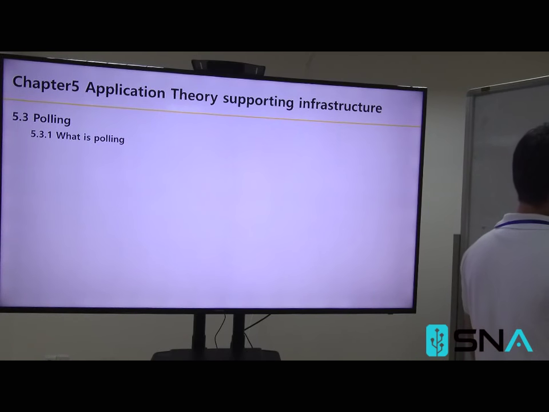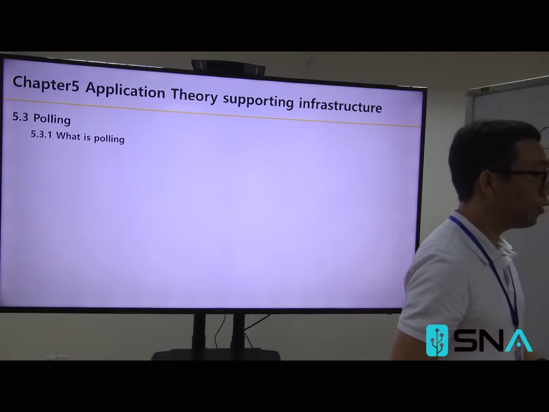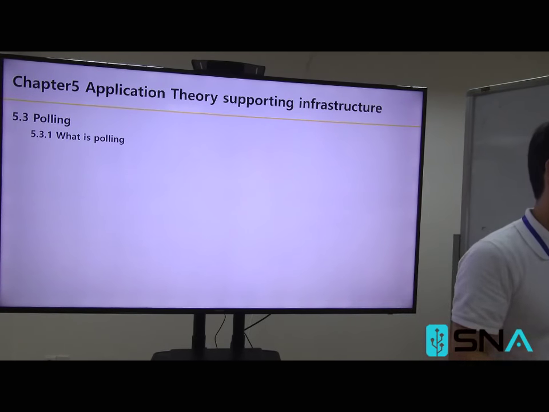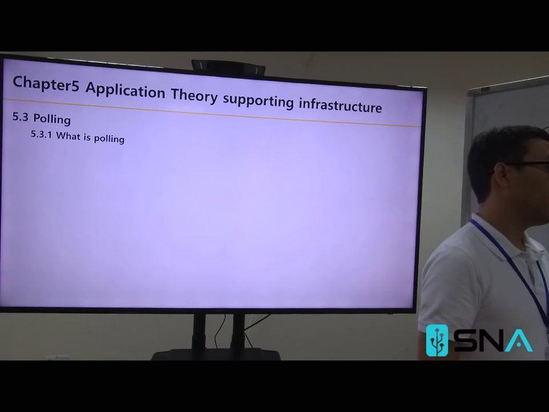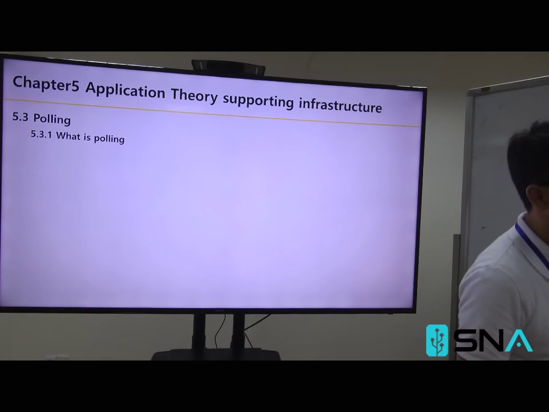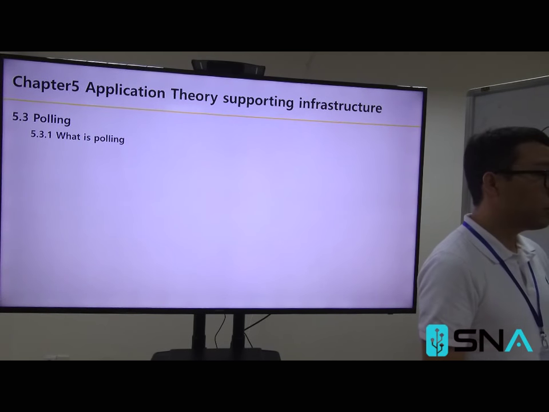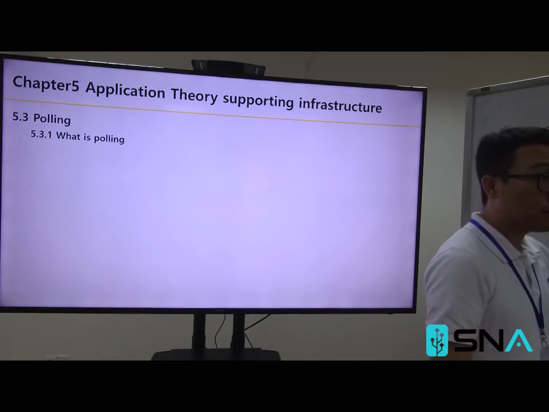After 5 seconds, next time B. After another 5 seconds, next time C. After that, the loop changes again: A, B, C, A, B, C. It doesn't consider the status of A, B or C. Don't care about this status.